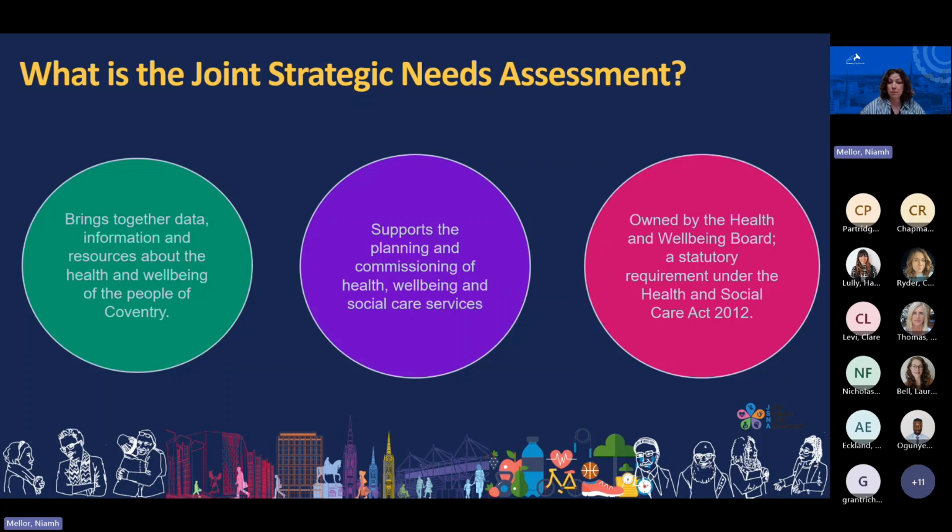There's no framework that we must follow, there's no data that we need to include. So local authorities can really shape them in whatever means they need. If you look at ours compared to Warwickshire, for example, they take a thematic approach, whereas we take a slightly different approach here in Coventry, which I'll talk about in the next slide.